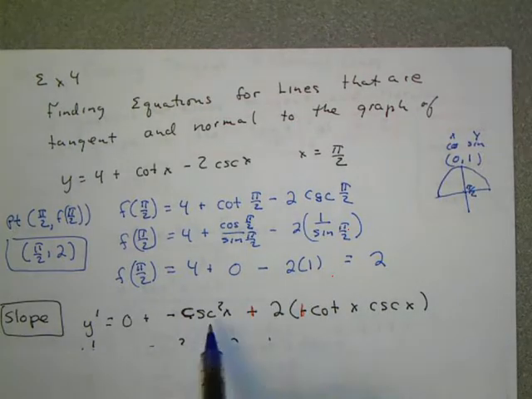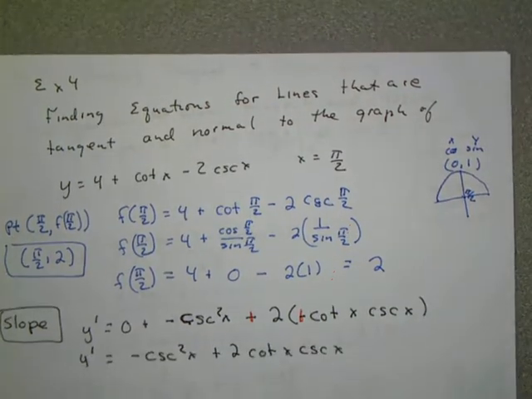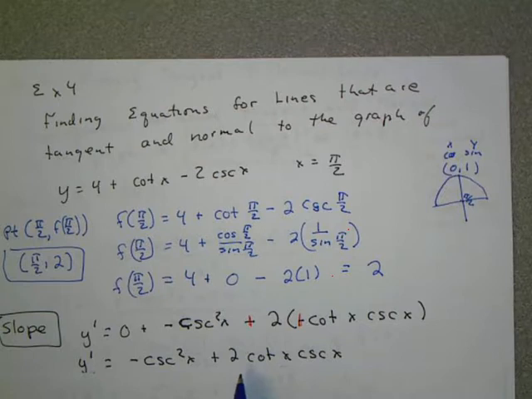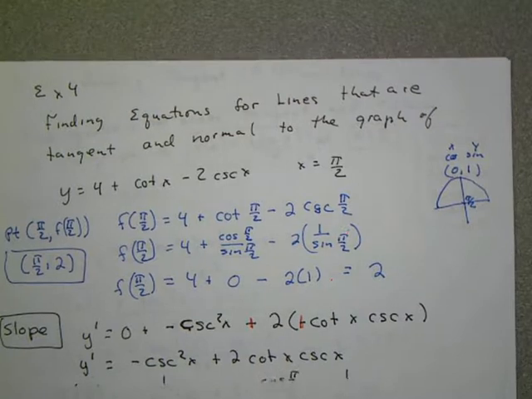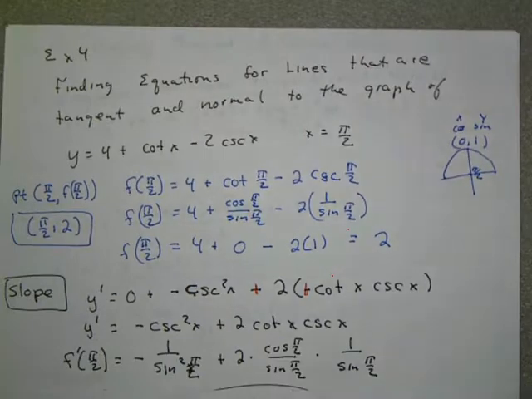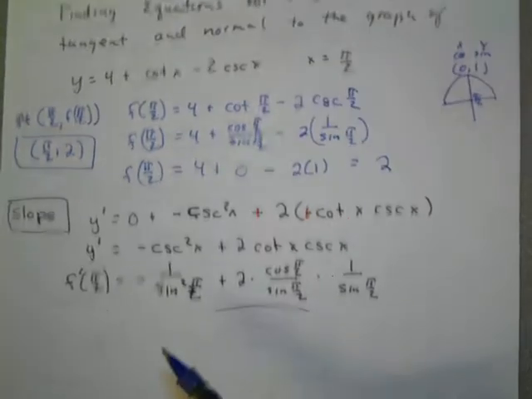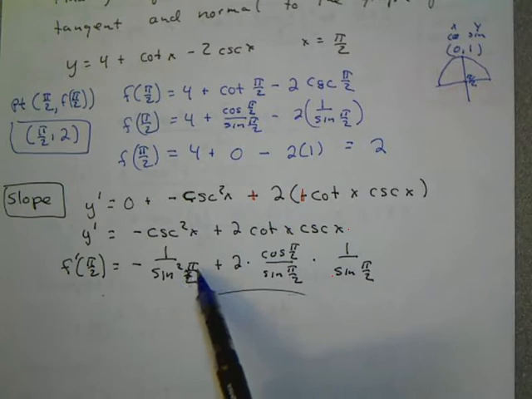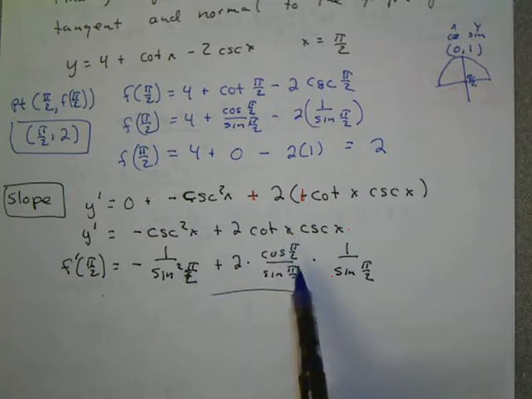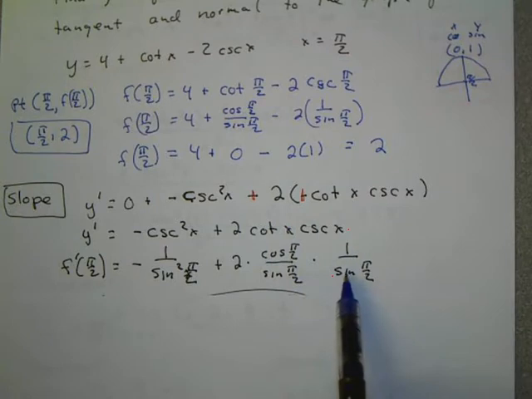Now I have a nice trig function that I can evaluate. Since I want the slope at pi over 2, I need to plug in pi over 2. So again, I'll write cosecant as 1 over the sine, and it's the sine squared, so I'll find the sine of pi over 2 and square it. And cotangent is the cosine over the sine, and cosecant is 1 over the sine.